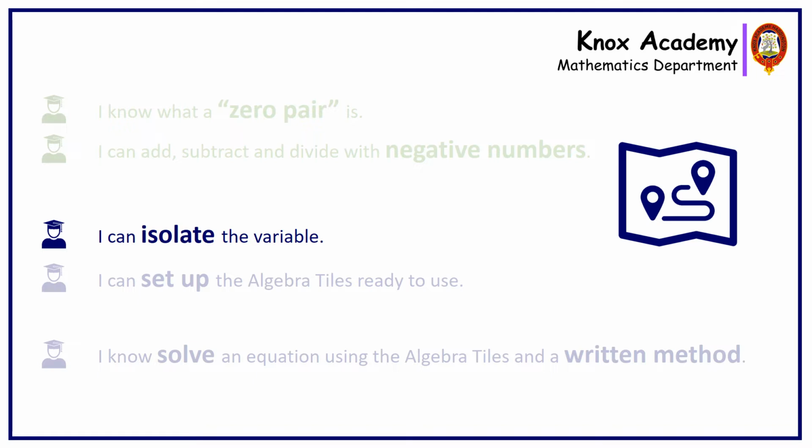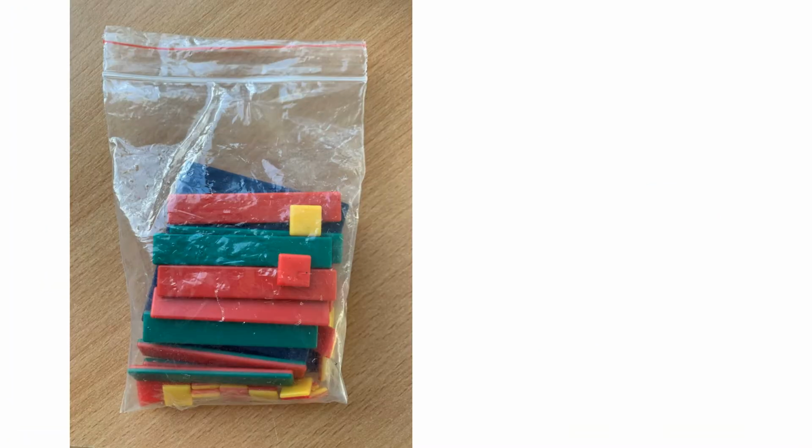So let's focus on the first learning outcome in the solving equations topic, which is isolating the variable. Essentially what we've got in every classroom is a pack of algebra tiles for each and every pupil. The pack contains 3 types of tile.